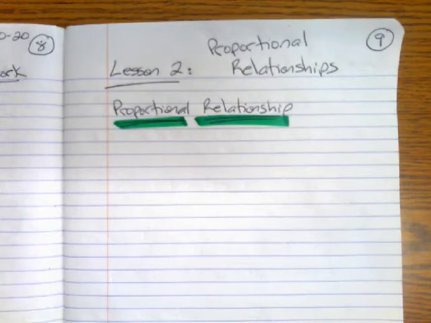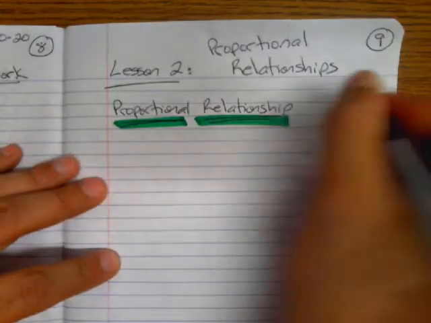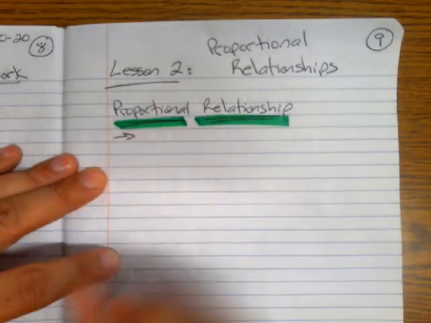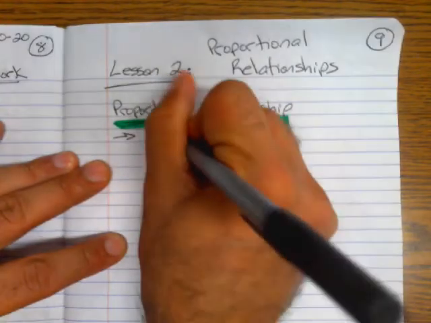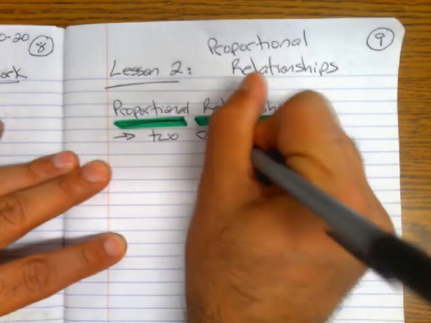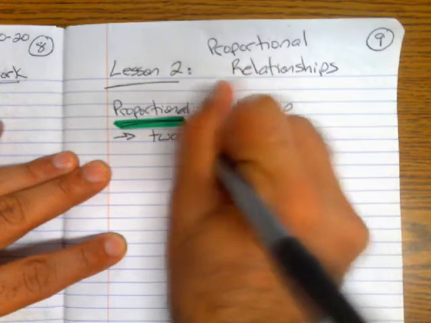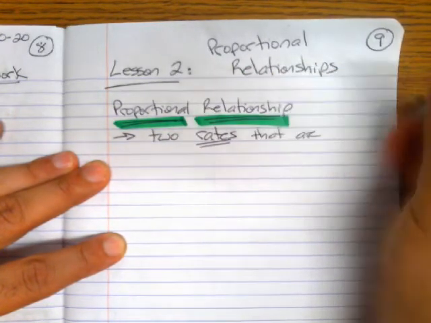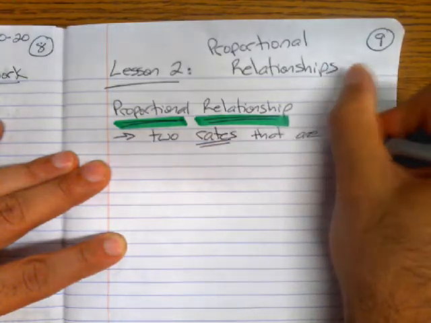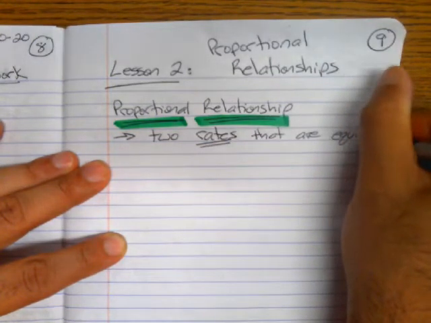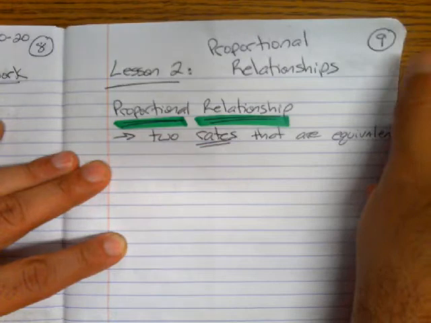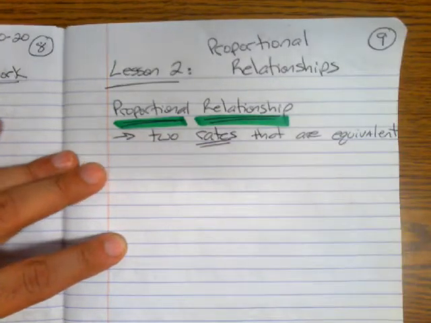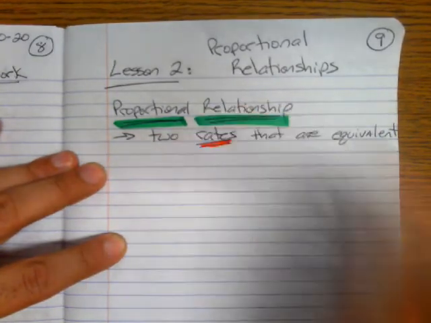A proportional relationship: there are two rates that are equivalent. Two rates that are equivalent.